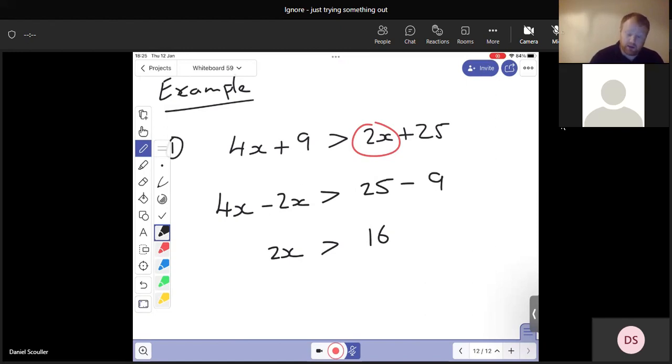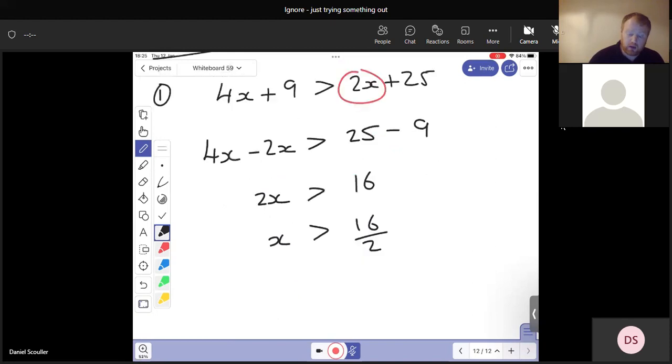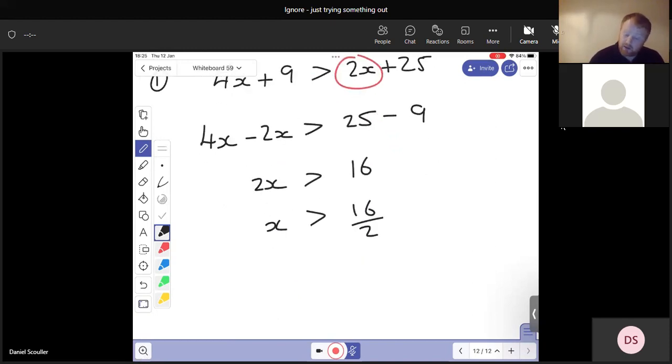Okay, so we're getting to this stage, so we're just tidying up each side. We want to leave x on its own, that's where we want to get to. So we've got x is greater than, and then the 2 is just coming over, becoming a divide. It's positive on the left-hand side, so the symbol stays the same. We're just going to be left with x is greater than 8.